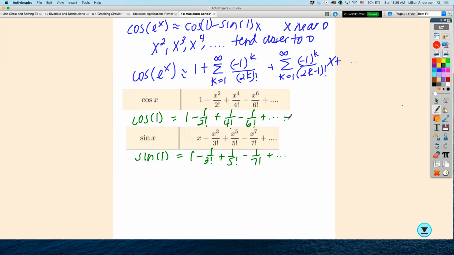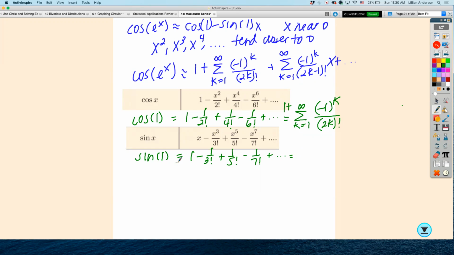Now, what both of these can be simplified down to is the sum from k equals 1, or sorry, 1 plus, because the 1's the same, so we'll just start from k equals 1. From 1 to infinity, our terms are alternating, so that's going to be negative 1 to the k power, and our denominator is essentially our evens factorial.